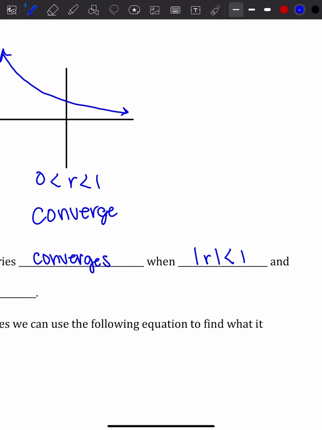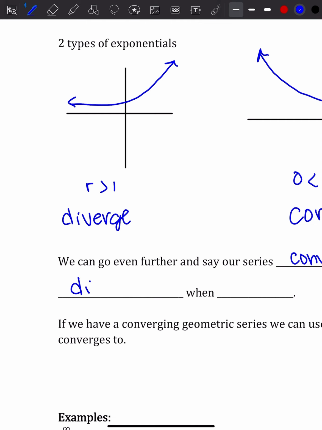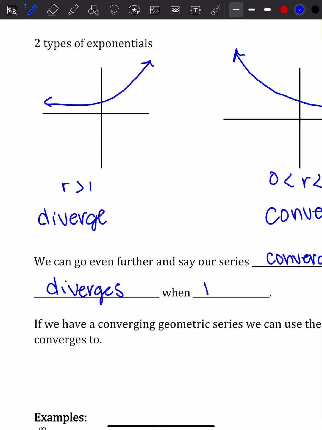So if we're between 0 and 1 or negative 1 and 1, realistically, we are going to converge. And we're going to diverge when the absolute value of R is greater than or equal to 1. And it's just based off of what our graph looks like.